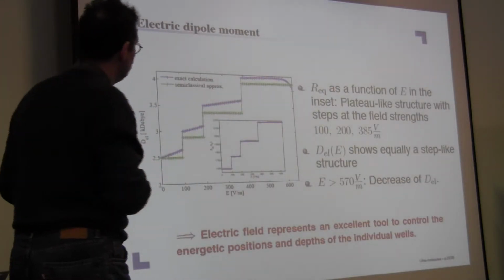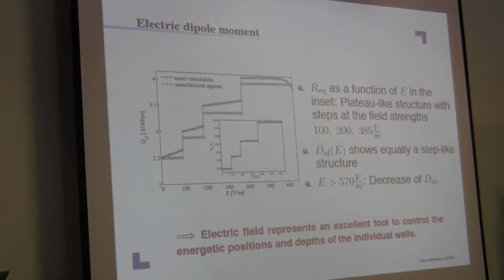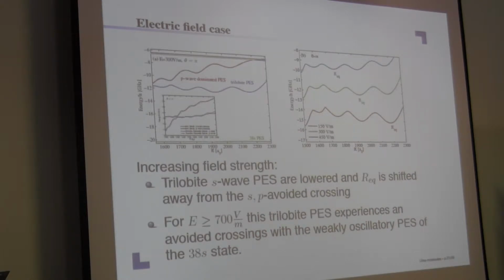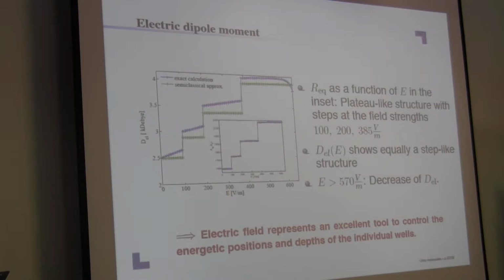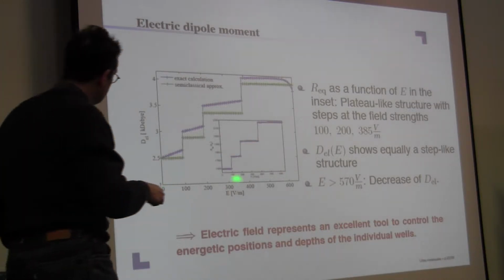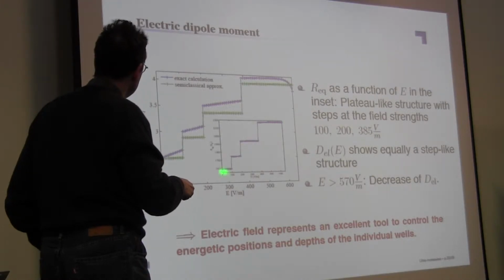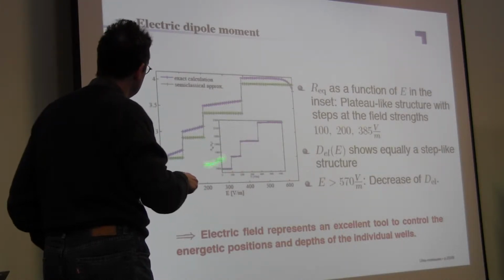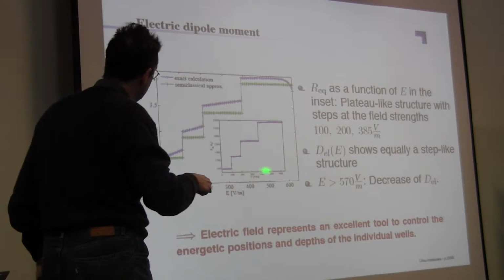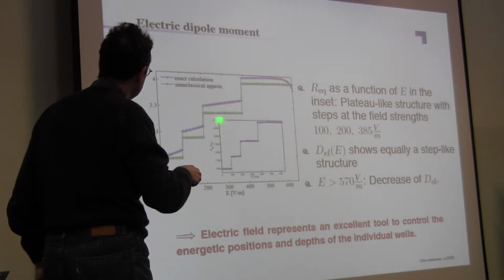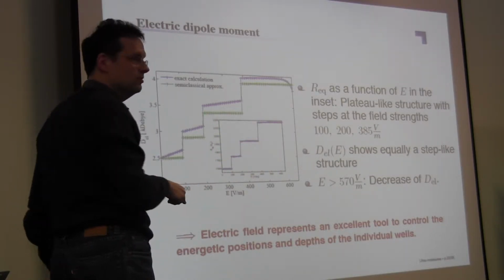Now, let me explain a little more what I have been trying to show to you over here, what the impact is of the electric field. What you see here as a function of the electric field is the dipole moment, and in the inset you see the equilibrium position. This is the electric field axis, and this is the equilibrium position.